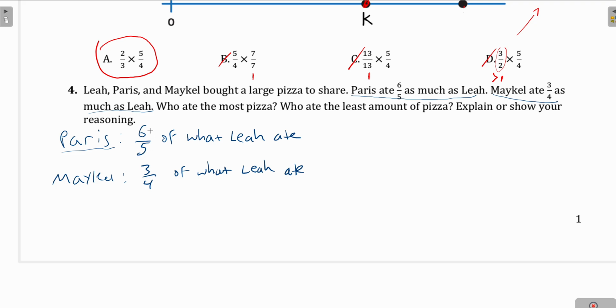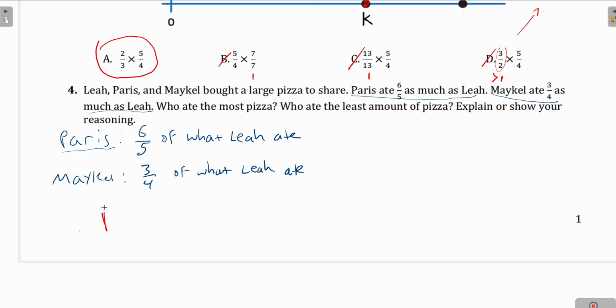So Paris ate more than the whole, and Michael ate 3/4 of the whole. In this case, the reference whole is Leah. Whatever Leah ate, Paris ate 6/5 of that, and Michael ate 3/4 of that, and 6/5 is greater than 3/4. So we can say that Paris ate the most pizza.